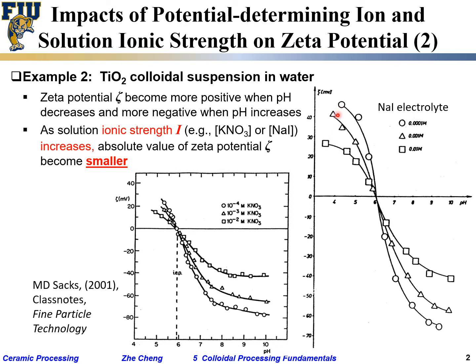Make sense? From circle to square, I have a decrease in absolute value of the zeta potential, which means if you want a stable suspension, you do not want to put too much supporting electrolyte in there.